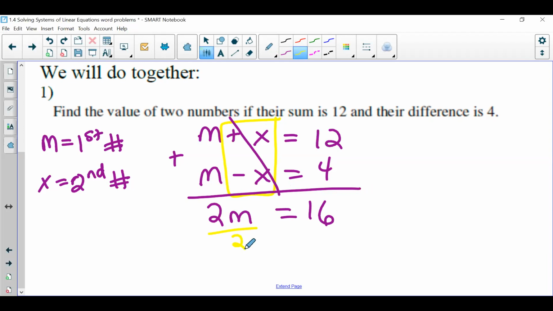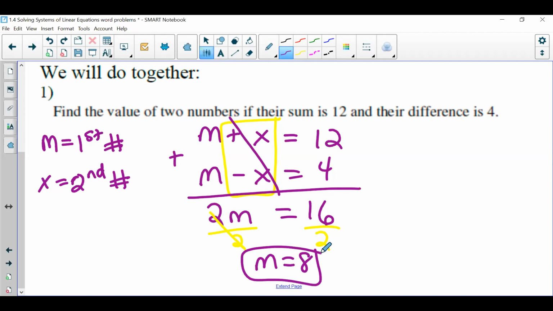Very good. I can't change my number or my colors. Okay, one of the numbers that we're looking for is 8. How do we find our second number? Well, since we need to find what X is, we could plug it into the bottom row.